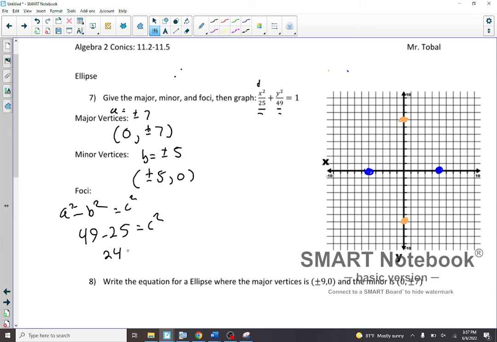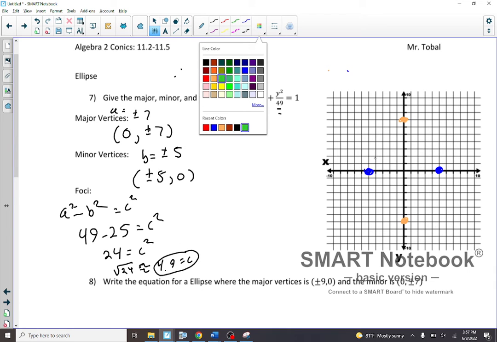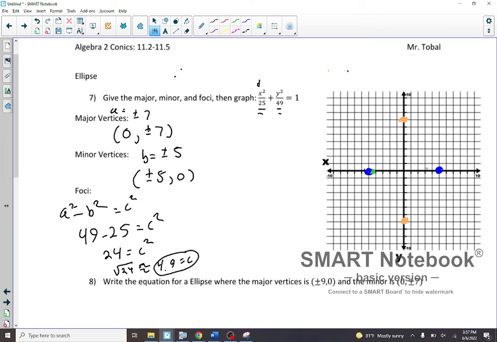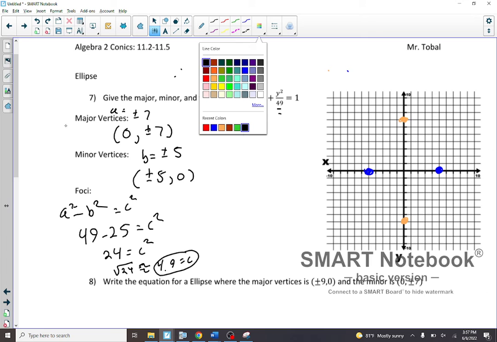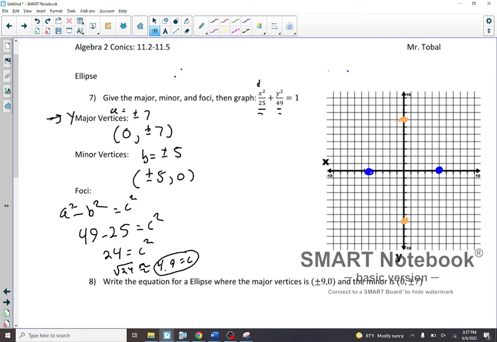That is 24 equals c squared, which you square root both sides. It's about 4.9. And again, you can use your calculator to square root 24 if you don't know. Because the y value was the major vertex, the foci will also affect the y.